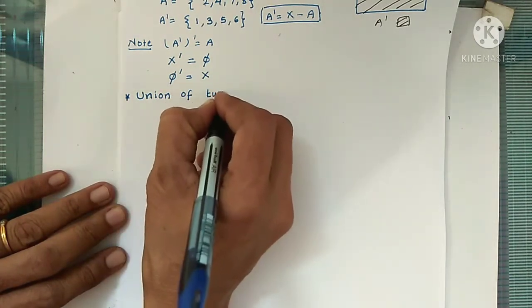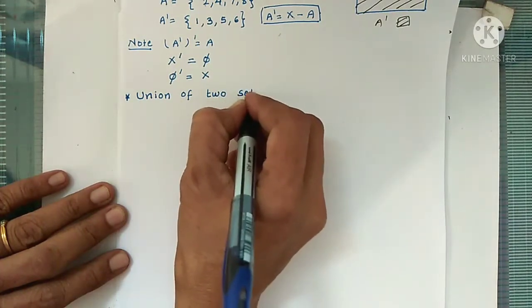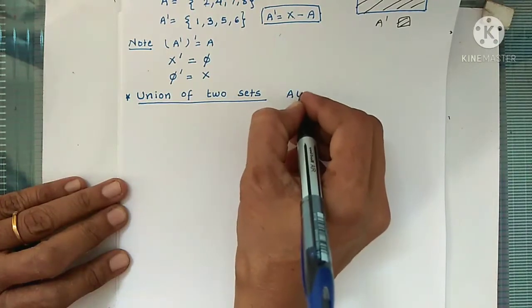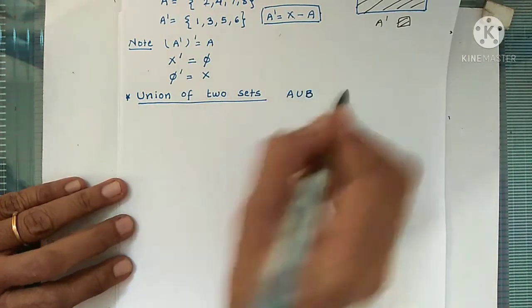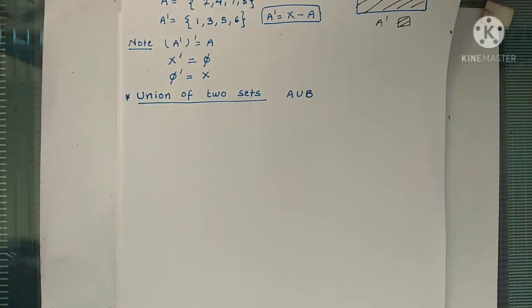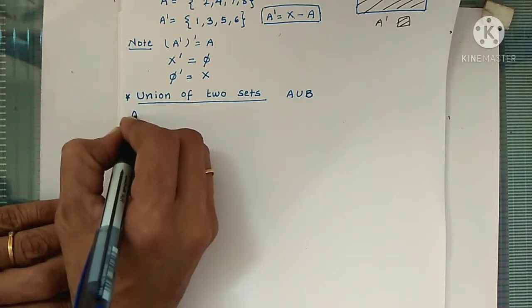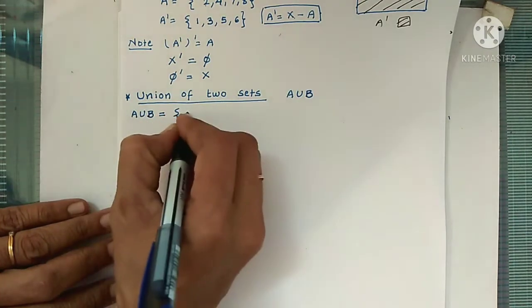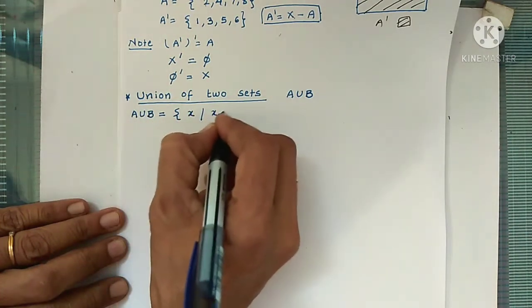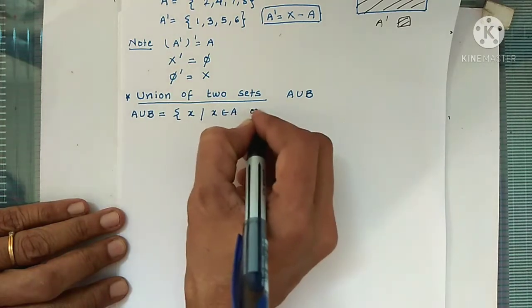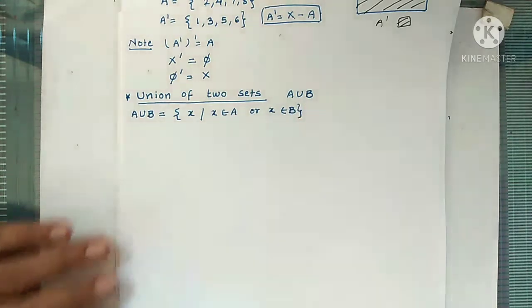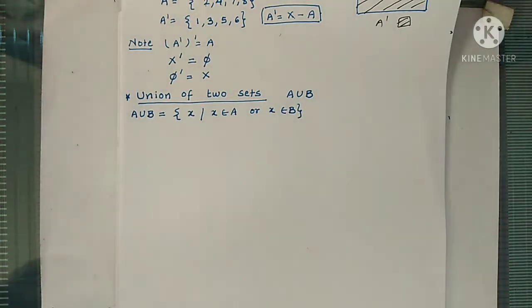If we have two sets, say A and B, then their union is represented by A union B, written A ∪ B, and we read it as A union B. So A union B is the set of all elements x such that x belongs to A or x belongs to B. So if either of the conditions is satisfied, then those elements are members of A union B.